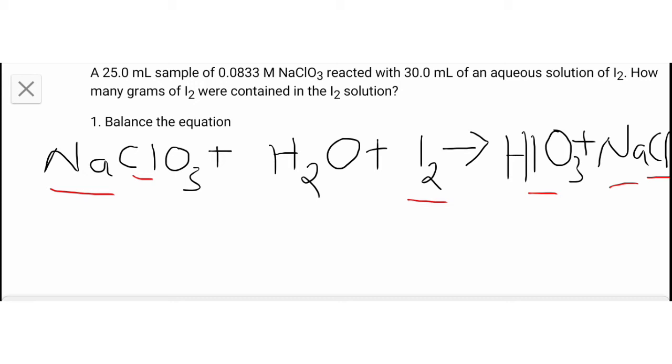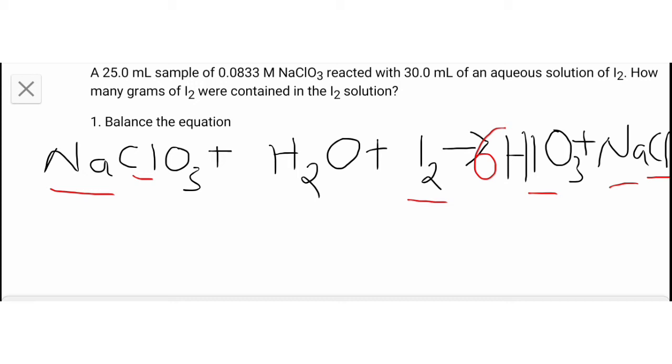All right, now let's try to put 6 here. What about if we put 6 here? If we put 6 here, it's going to mean that we have 6 hydrogen atoms this side, 6 iodine atoms, then we're going to have 18 oxygen atoms on the product side. So let's make sure that we have the same number of atoms also on the reactant side.